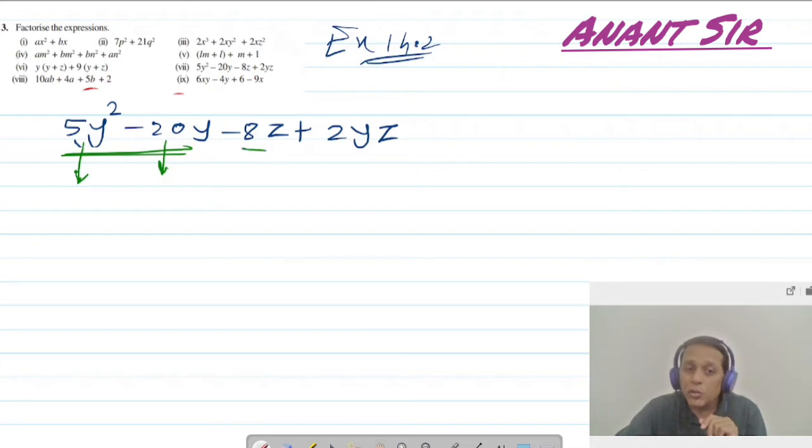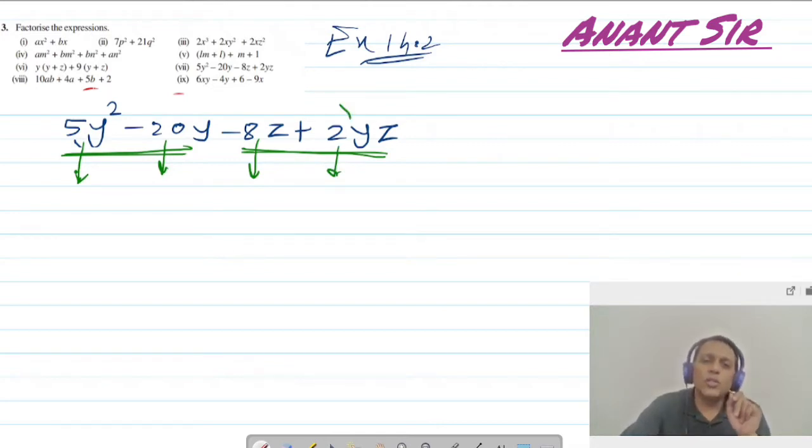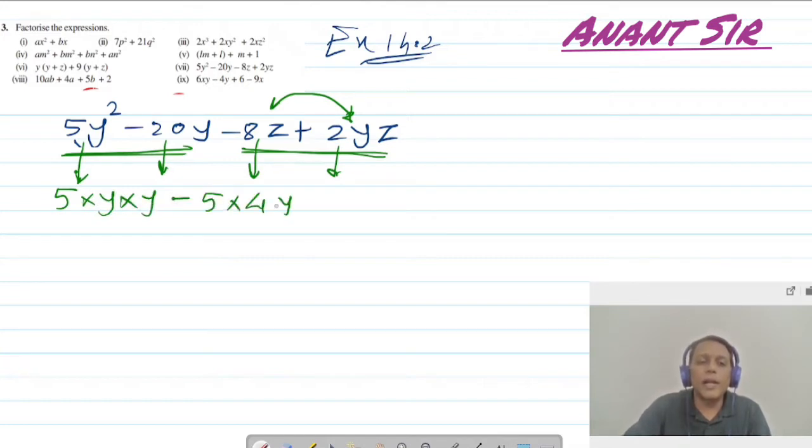But when we are solving the third and fourth terms, the third one is bigger and the fourth one is smaller. So what you do, you just change the positions of these two terms first. So what I am going to do, I am going to write 5y square as 5 into y into y. 5 4s are 20y.